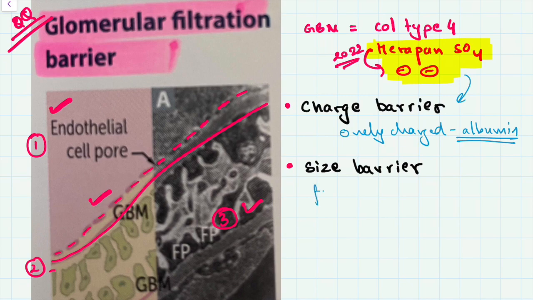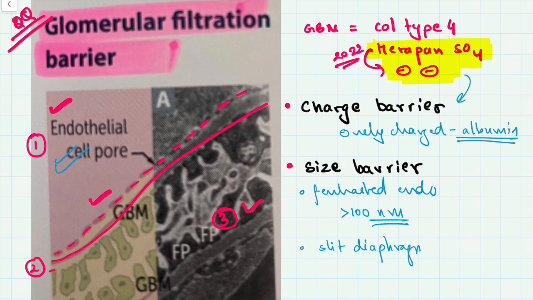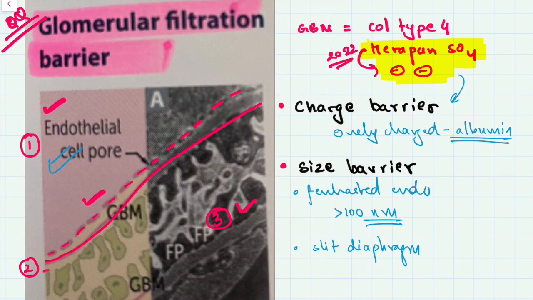The size barrier is due to the fenestrated capillary endothelium here, and it prevents the entry of molecules which are more than 100 nanometer in size. Also, it is due to the slit diaphragm, which is the interposition of the podocyte with the glomerular basement membrane, right?